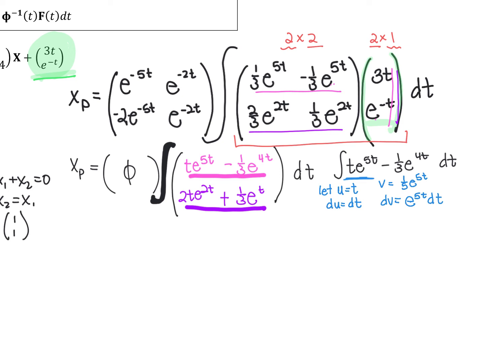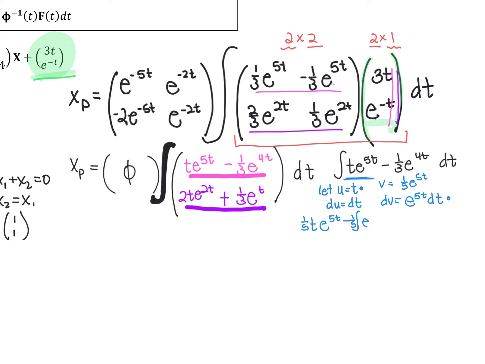All right. So if you remember integration by parts, we start with choosing a u and a dv. We take the derivative of u and the integral of dv. And then integration by parts is u times v. So we'd get u times v, so we have 1/5 t e to the 5t minus the integral of v du. I'm going to pull the 1/5 out.